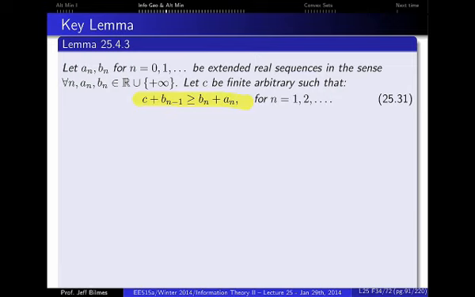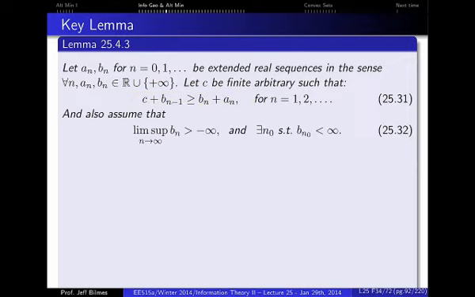So this is now a requirement on these sequences, that C plus B(n-1) is greater than Bn plus An. Furthermore, let's assume that the lim sup of the sequence B is greater than negative infinity, and there's some point n naught such that B(n naught) is finite.